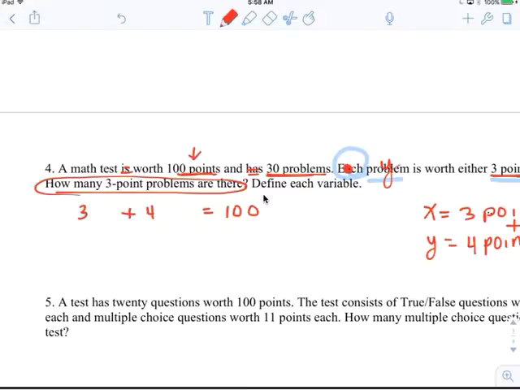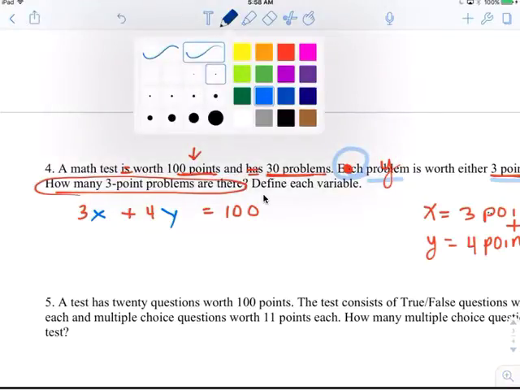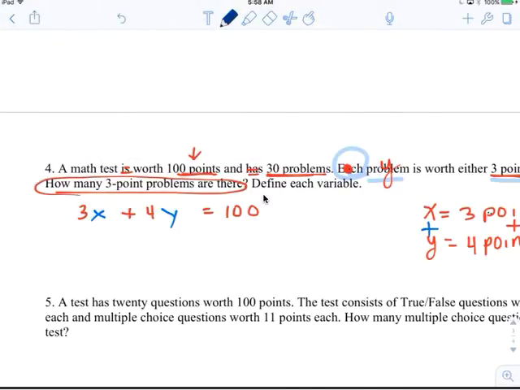So 3 times the number of 3-point problems, plus 4 times the number of 4-point problems, equals 100. And then you got x plus y equals the number of problems, which have to all add up to 30 problems altogether.